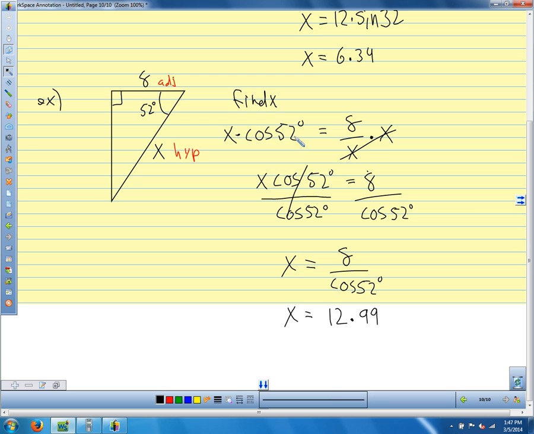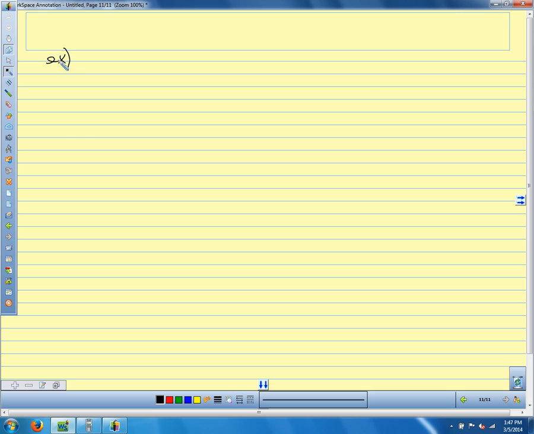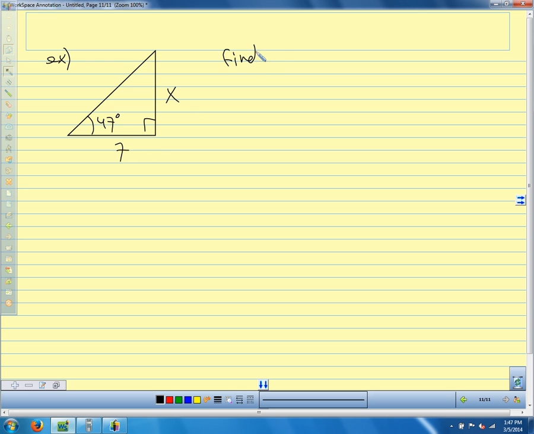All right, let's look at another one. So here is my triangle for this one. My right angle, we'll call this a 47-degree angle, and we're finding x.